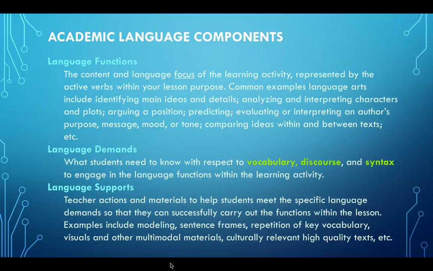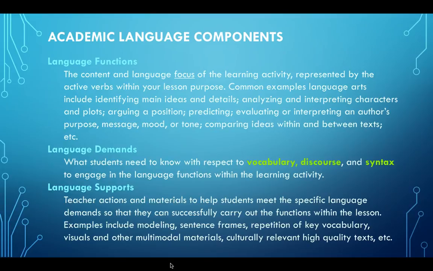So let's talk about different academic language components. Academic language components include language functions, language demands, and language supports. So language functions refers to the content and language focus of a learning activity, and it's represented by active verbs within your lesson purpose, within your lesson plan.